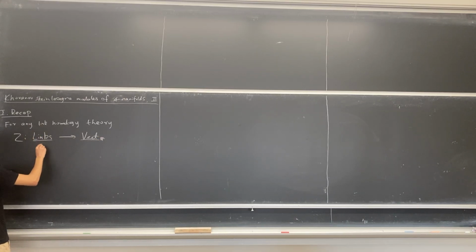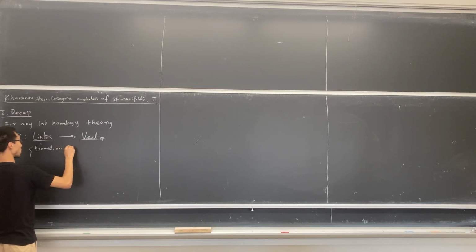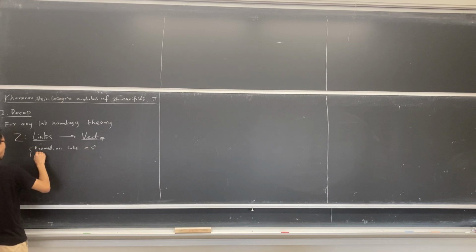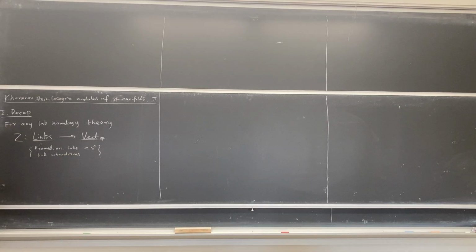Here the objects are links. Let me actually impose a framing condition: framed oriented links in S3, and link cobordisms between them as morphisms. Link cobordisms are surfaces embedded in an interval times S3 that cobound a link on the top and on the bottom.